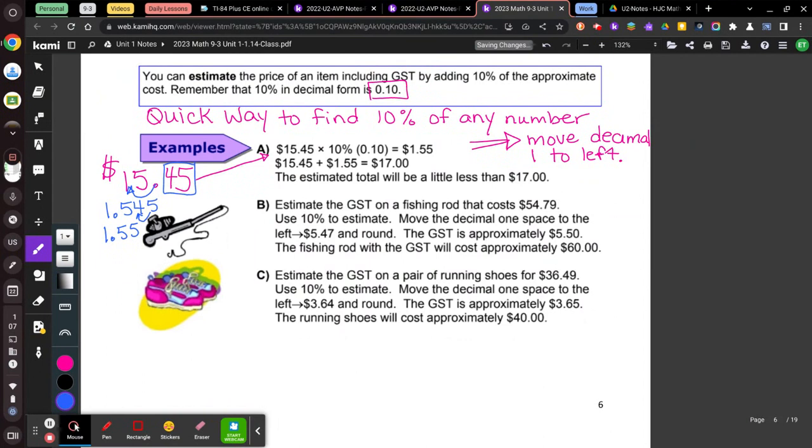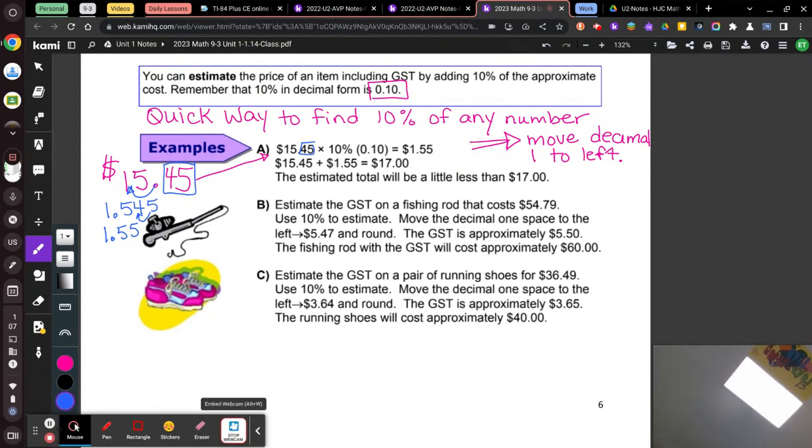So when I moved this guy, he had 45. When I moved it, he had 3 digits after the decimal. That's why we did all our practice on our rounding, because now this 5 tells the 4, hey buddy, you got to add 1. So that's how that 4 becomes a 5. So now we get an estimate of $1.55 in GST. So they're estimating $1.55 for GST.